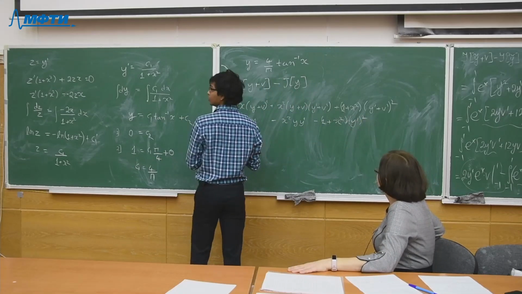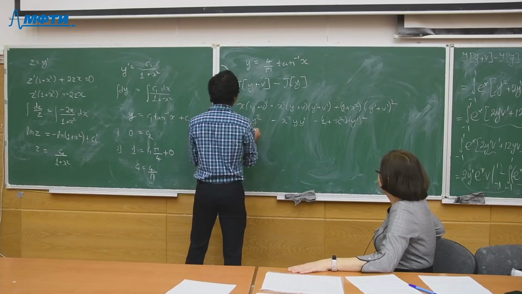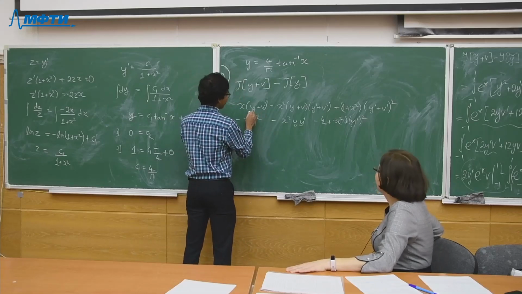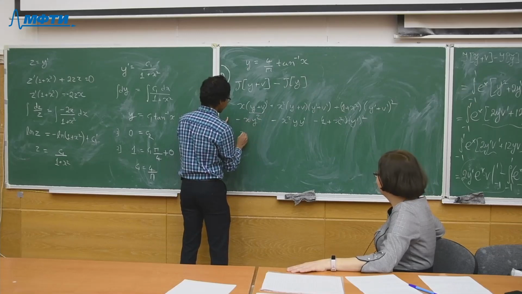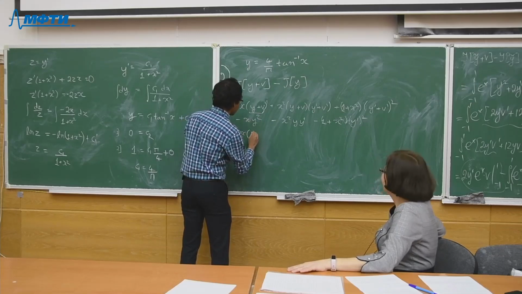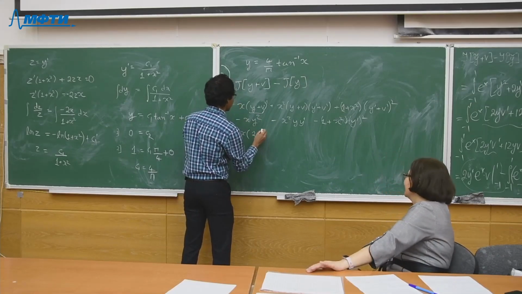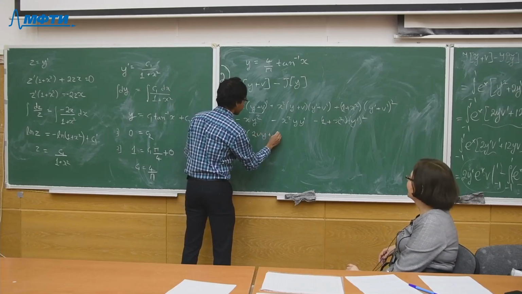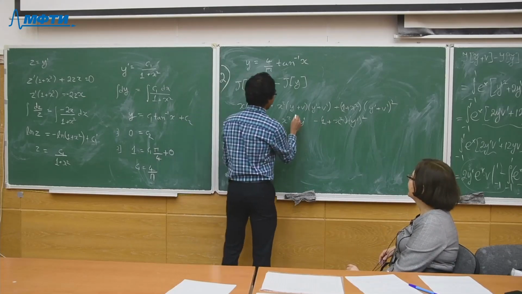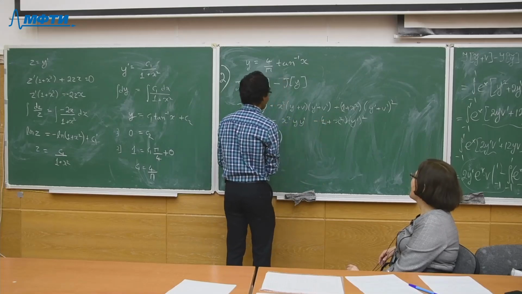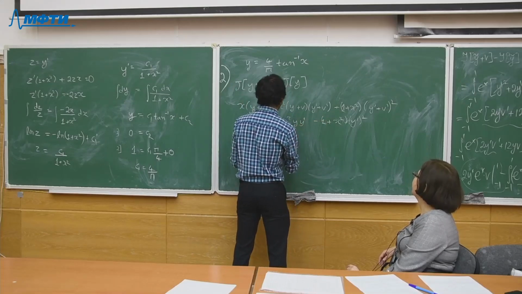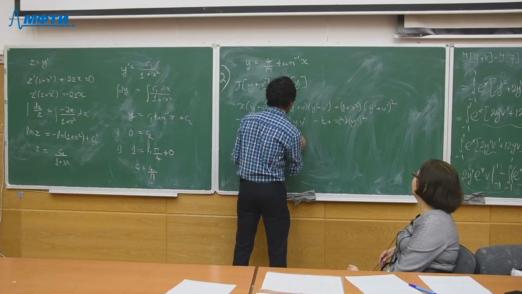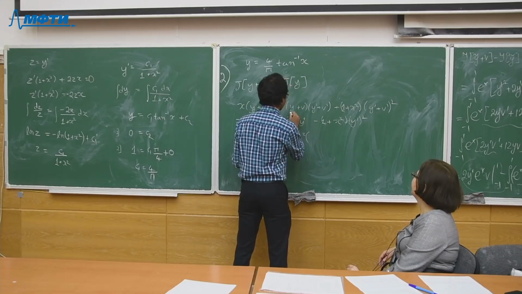Now over here, you can say x times 2vy plus v squared, and over here also plus x squared.